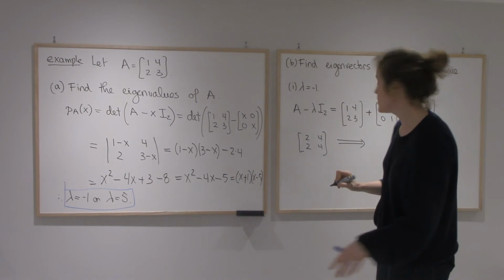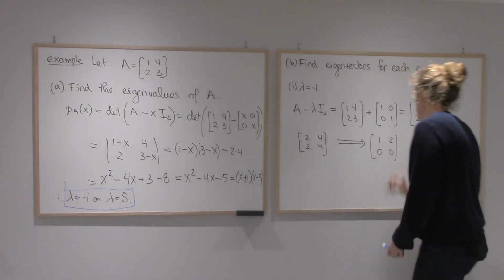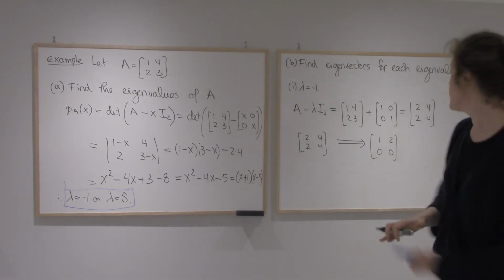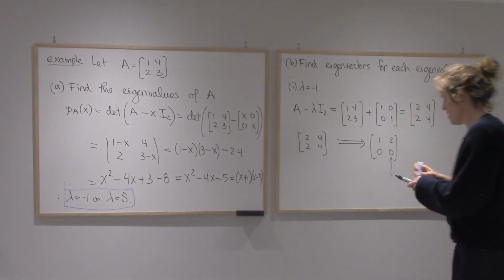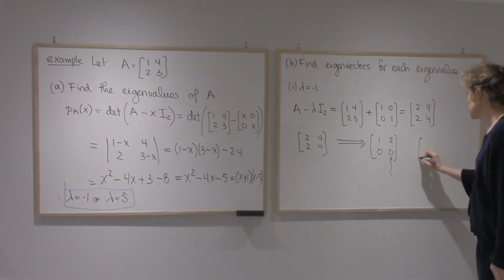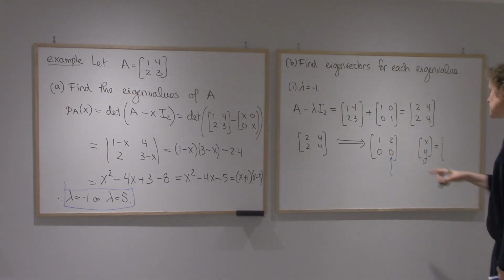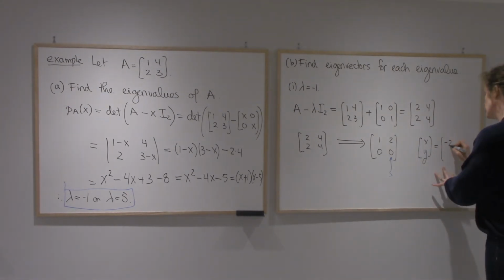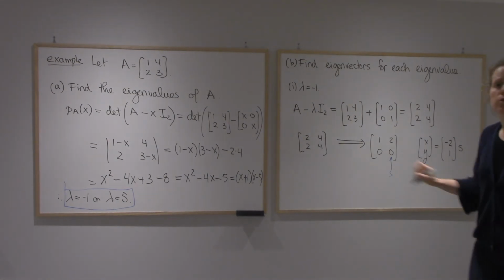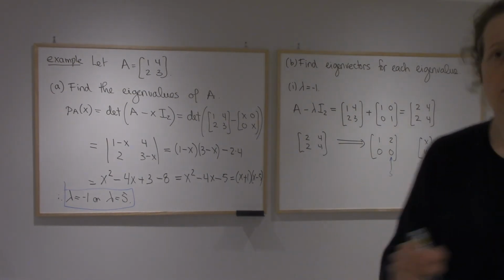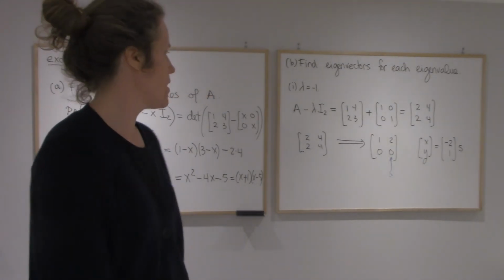I'm going to reduce it. I have a free variable, so I'm going to use s for that. So my vector (x, y) needs to be (-2, 1) times that s. So for any choice of s, except 0, you would get an eigenvector.